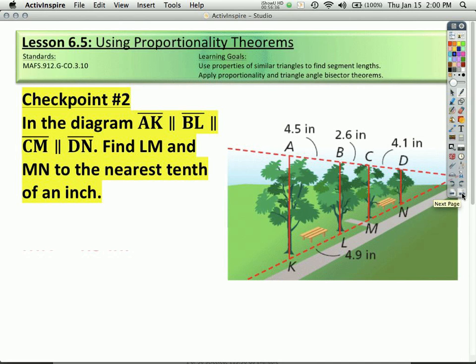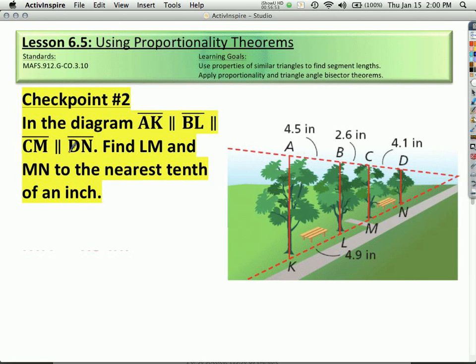Checkpoint number 2. Now you're working independently, but I want to clarify a couple of things. This is the exact same picture that I showed you earlier. That is the demonstration of one-point perspective. And I also want to explain in here that the text got cut and went to the next line. This is saying that all 4 of these segments are parallel.